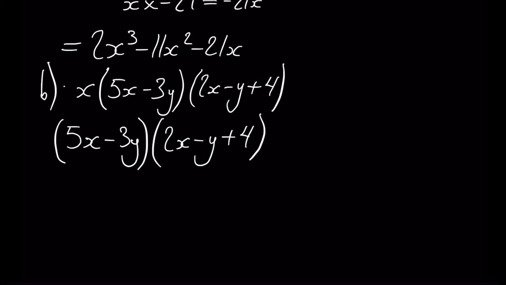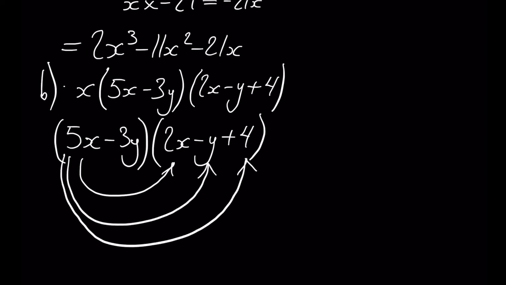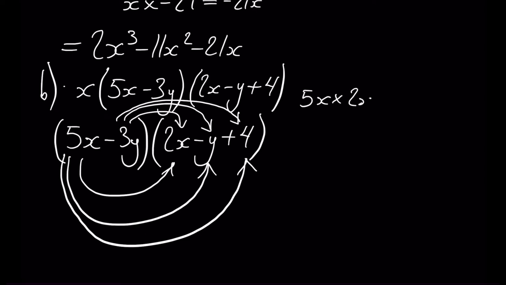So we start off by multiplying 5x by 2x, 5x by minus y, and 5x by plus 4, as well as minus 3y by 2x, minus 3y by minus y, and minus 3y by 4. So 5x times 2x, 5 times 2 is 10, and x times x is x squared.